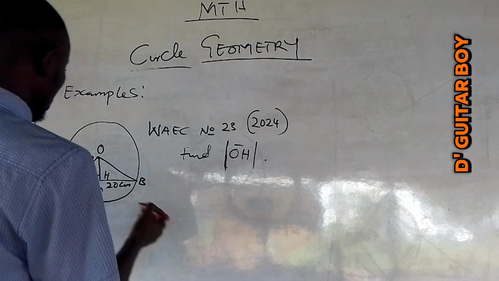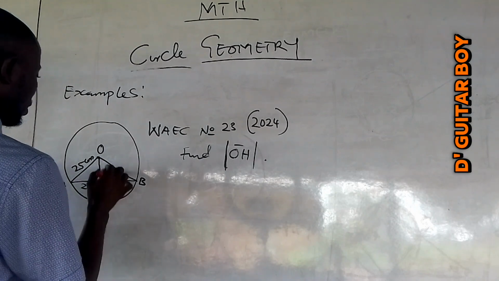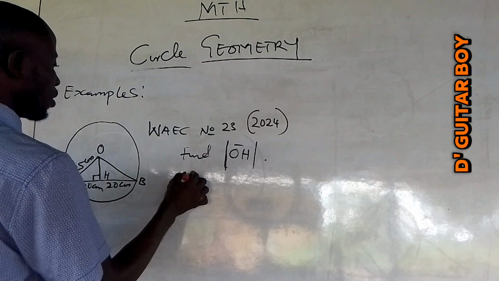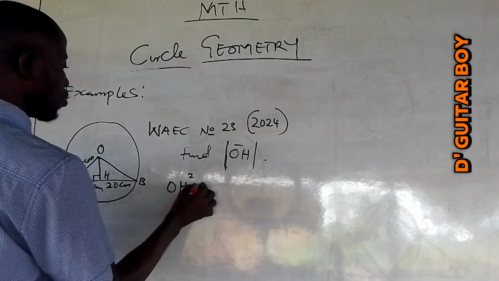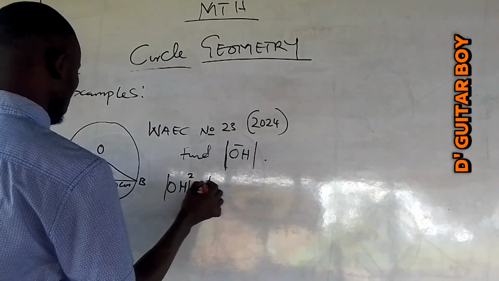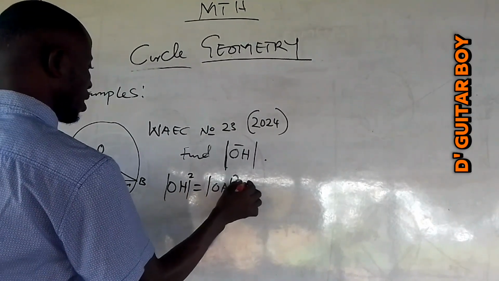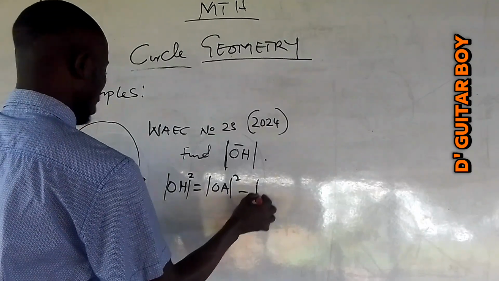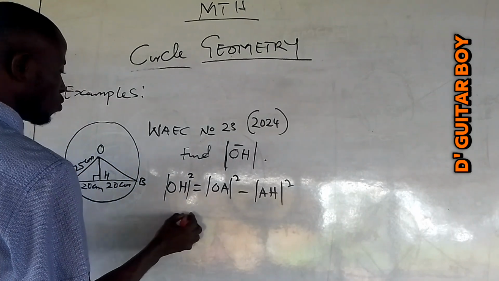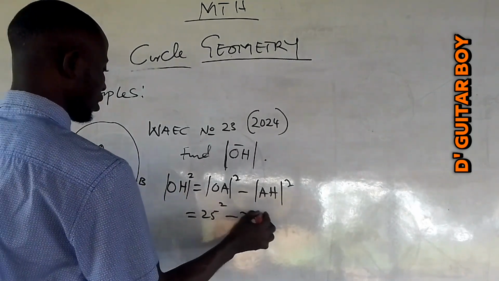So when I do that, I will now use Pythagoras theorem. I will say OH square equals OA square minus AH square, which is equal to what? 25 square minus 20 square.